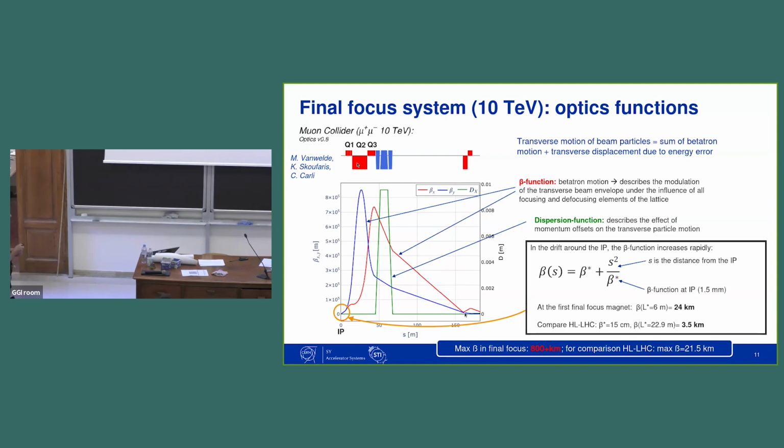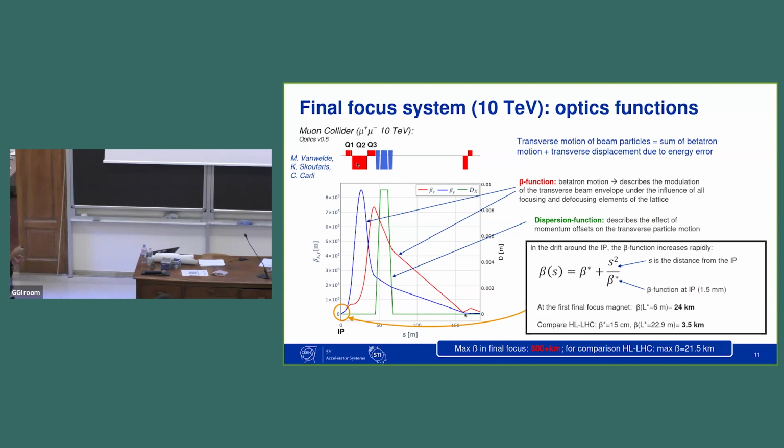As we heard yesterday, the beta function describes the betatron motion of particles in the machine. It's not the individual particle in this case; it describes the modulation of the transverse beam envelope under the influence of all the focusing and defocusing elements of the lattice. This means a larger beta function gives a larger beam size, and a smaller beta function gives a smaller beam size.